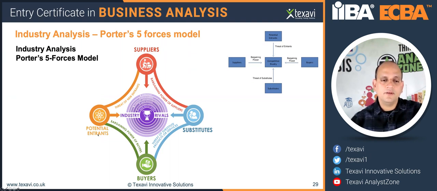That means you're trying to either increase or reduce the barriers to entry. Buyers, this is how the buyers would perceive your offering. And then this is the supplier side. And also you've got the competitors or industry rivals here. So you can work out which one is high or low, and ultimately what the attractiveness of the market is.